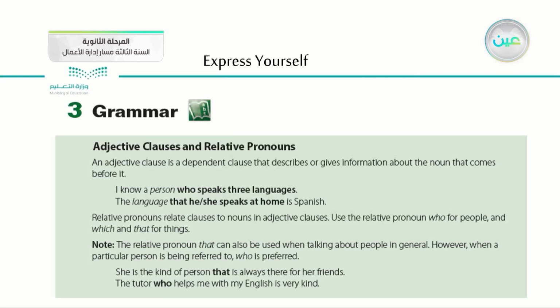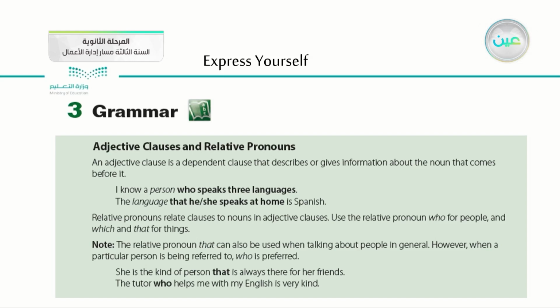We said that adjective clauses are clauses or parts of sentences that modify or explain the noun that comes before them. And the relative pronouns that we focused on were which and who. We said that which refers to animals or things, while who refers to people.